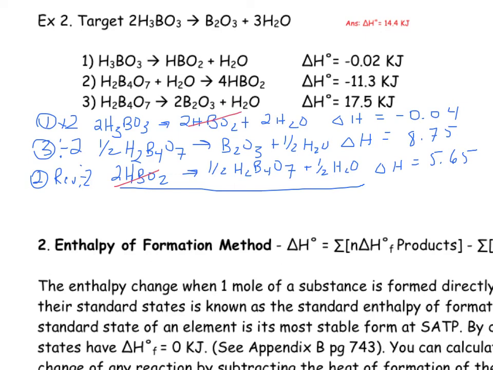I also have half of an H2B4O7 as a product and half as a reactant, so they also cancel each other out. And I also have multiple waters. They are all on the product side, so they will add together. 2, 2.5, 3, which is good, because that's what's required in my target.